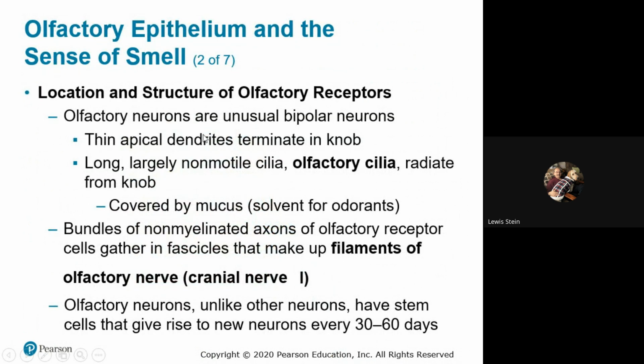The nerves themselves are mostly bipolar, and the tiny knobs are really where the sensation is. Again, the mucus acts as the solvent, and all of that is the receptor portion leading up to the olfactory bulb and then the nerve. Every 30 to 60 days, we keep generating more of these. So even if you lose it transiently, you don't lose it permanently.